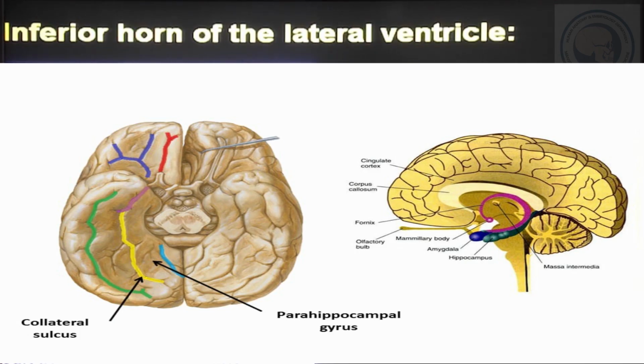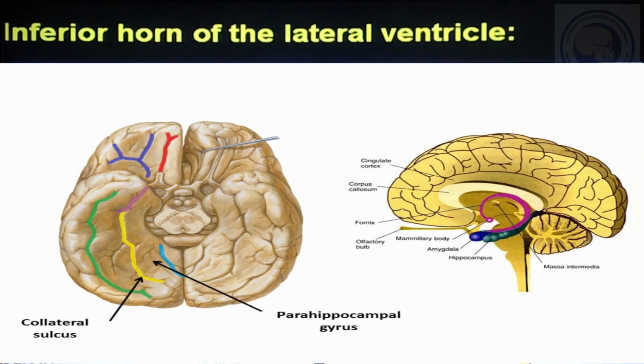And the parahippocampal gyrus, I told you before, contains the area called the hippocampus, which is covered on its medial surface by the fimbria. So, both hippocampus and the fimbria, as well as the collateral sulcus, produce impressions for them on the floor of the inferior horn. And we will see.